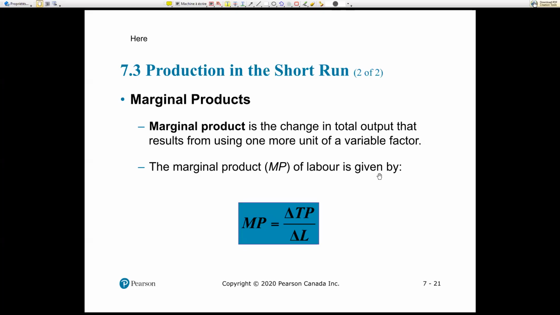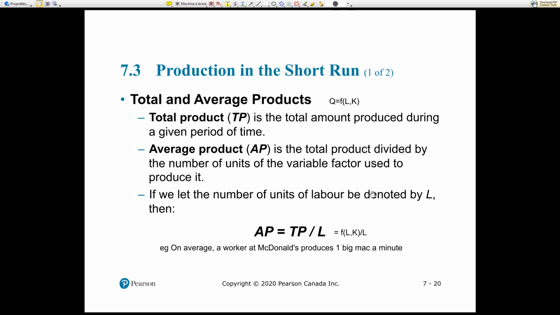Okay, so here we were. We just discussed this concept, which was total product, the total amount produced during the given period. Average product is the total product divided by the amount of one of the inputs we are using. For instance, in the example I gave you, on average a worker at McDonald's produces 1 Big Mac a minute.